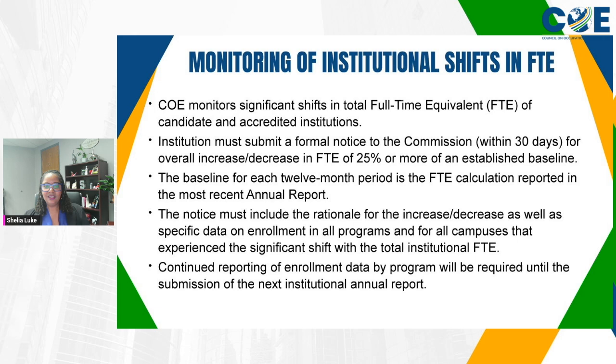Now, as previously discussed, the FTE in your previous reporting year is compared to your current year to see if there are any significant changes or shifts that have occurred in the school's enrollment. COE monitors changes in FTE that amount to an overall increase or decrease of 25% or more. Now, you may wonder, why do we do this?